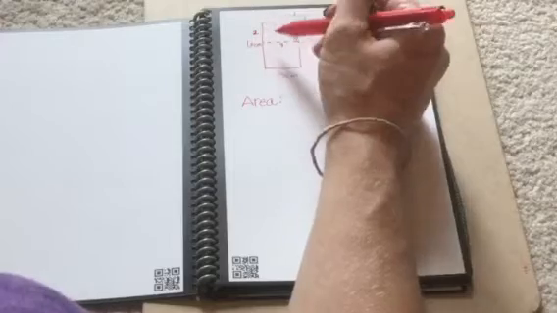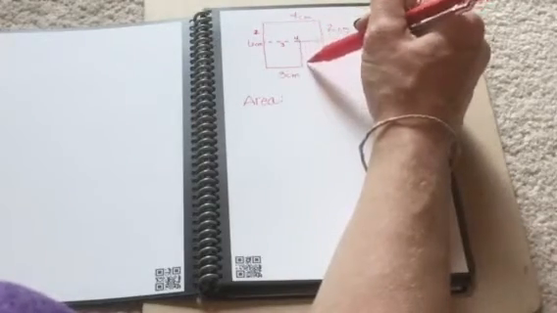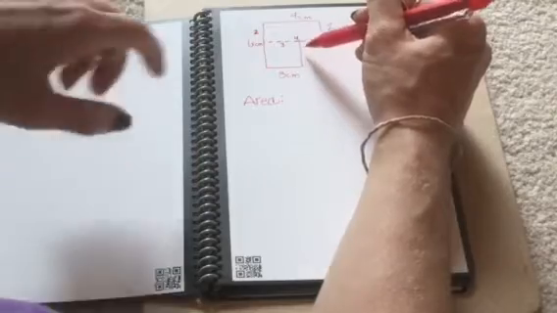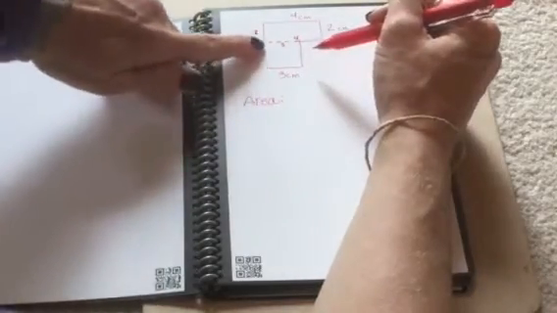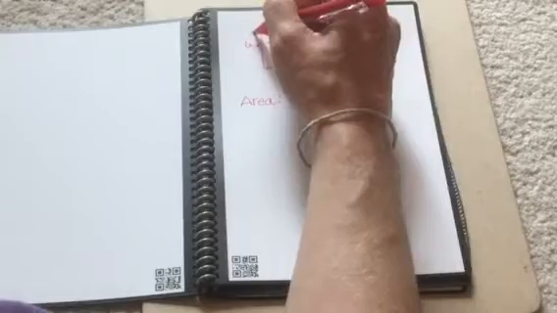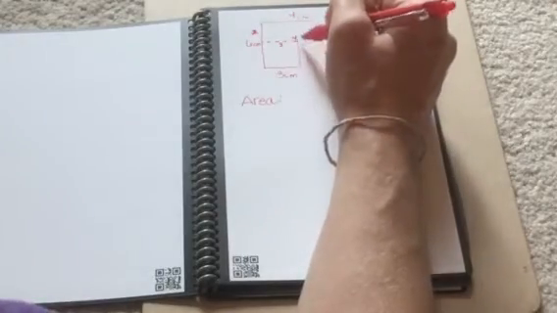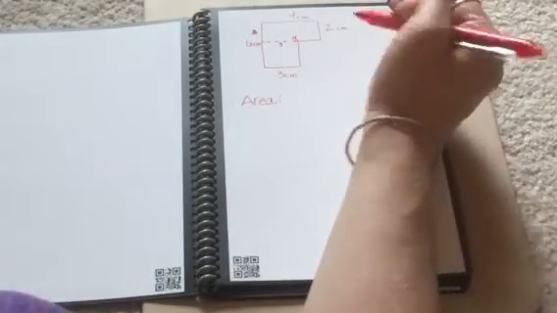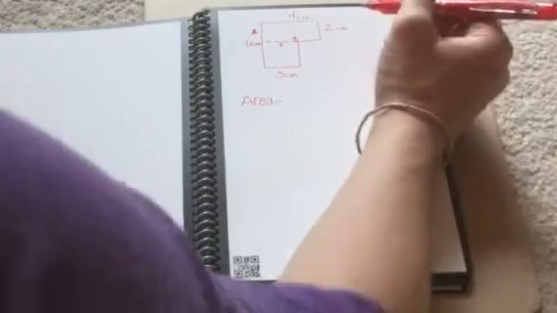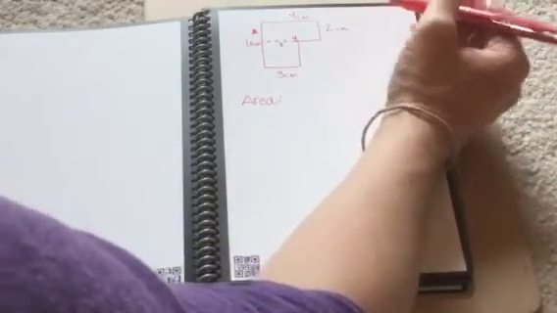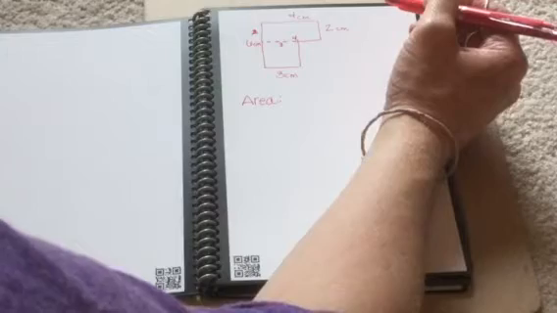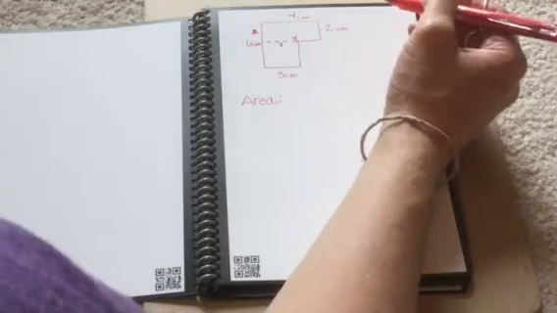And I know, well, look, I can't say that this side here is 6 because it's not. This whole line is 6, but this doesn't go the same length, so I have to take some away. I have a subtraction problem on my hands.